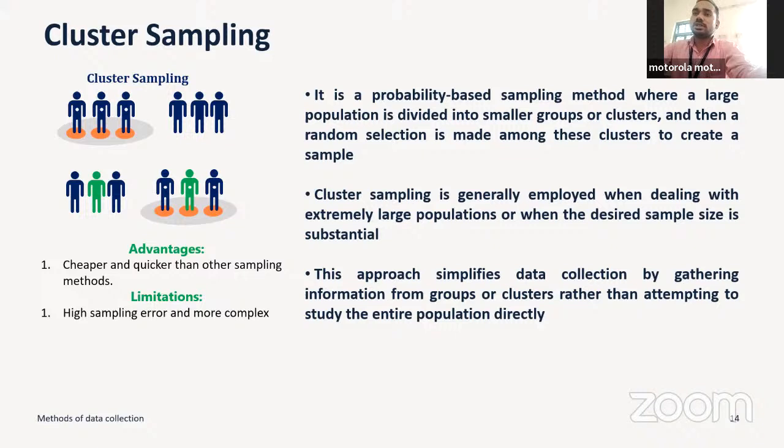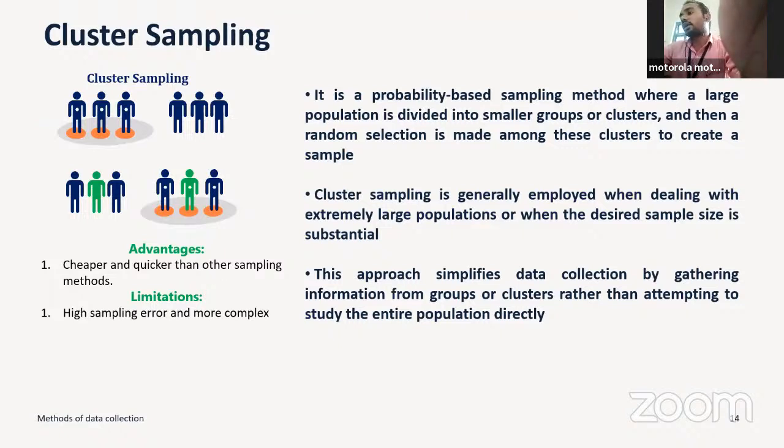Okay, so instead of that, if we stratify the schools present in our district, then we select a representative school from that district. That is called cluster sampling. So instead of taking an individual observation, we can take a group or cluster as a sample. Therefore, it is easy, simple, rapid, and all these things.